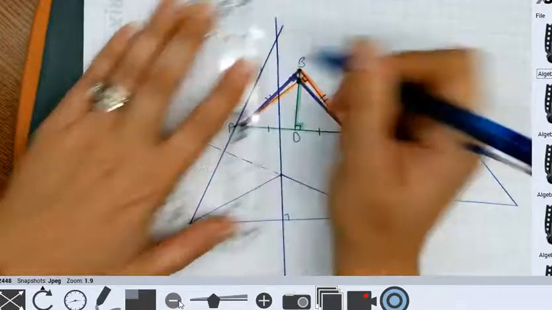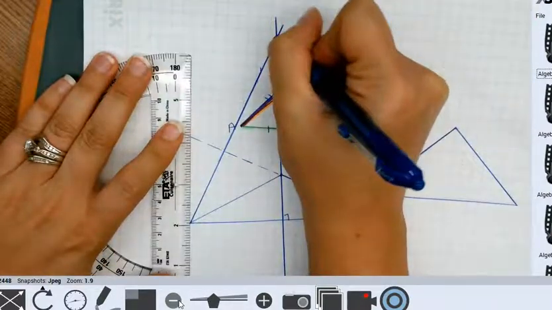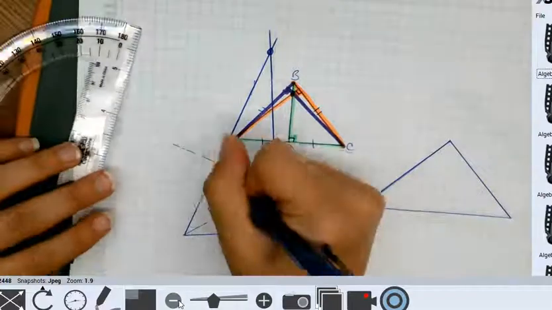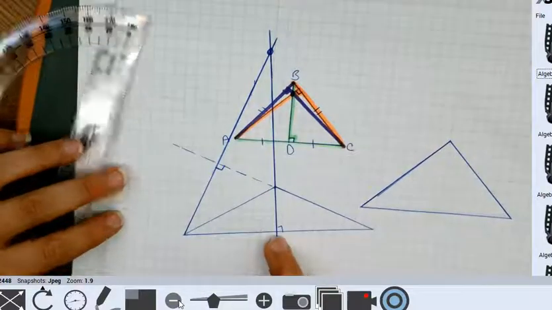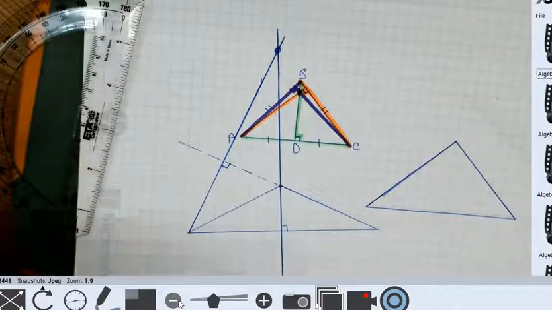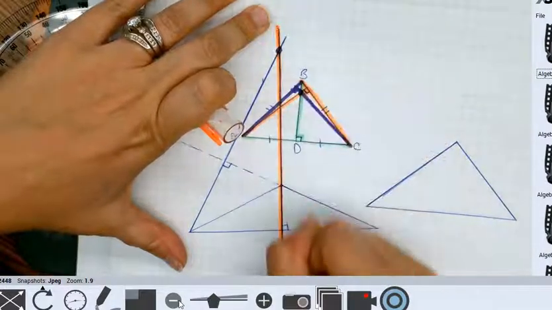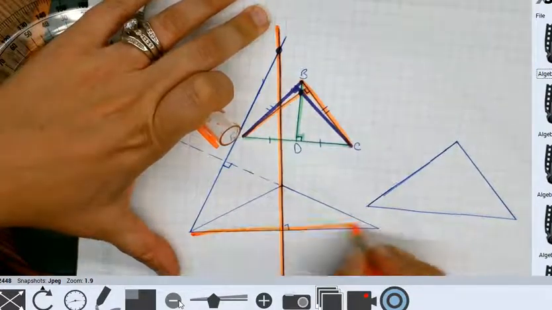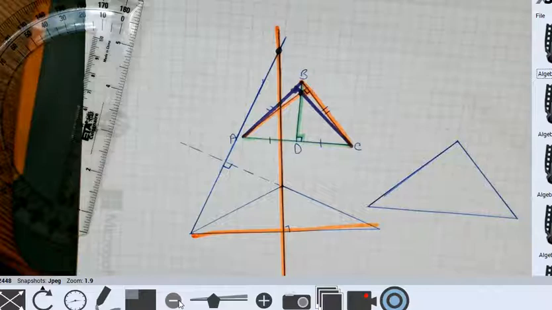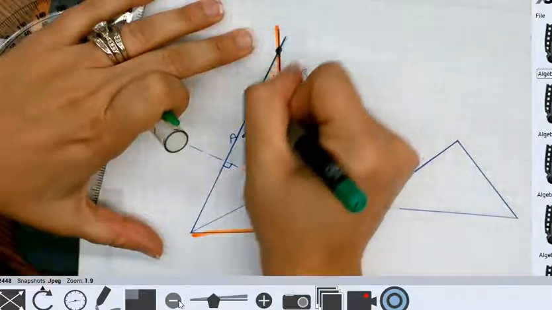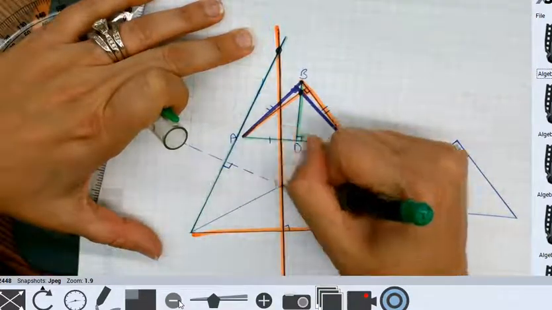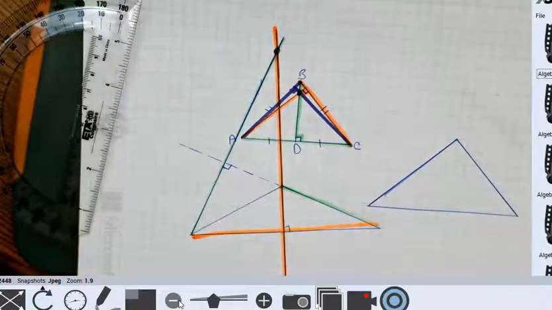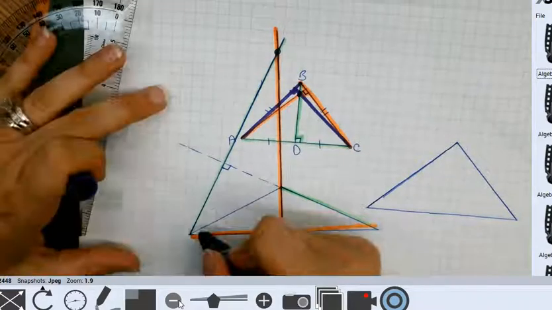It's going to be located way out here. Let's do our third one. So we already have the height that goes with this leg. This is the height to this leg. So now we need the height to that leg.